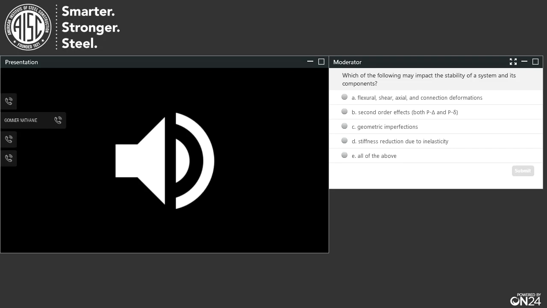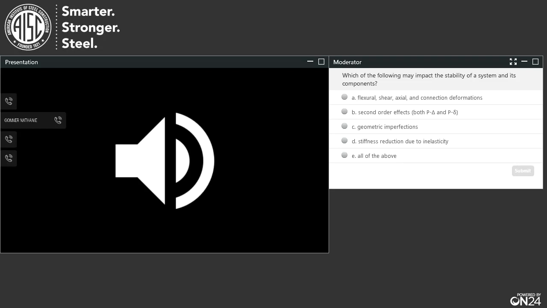Or is it E, all of the above? So go ahead and give that question some thought, and you can participate by selecting the radio button next to the answer that you think is correct on your computer screen. Again, this question is, which of the following may impact the stability of a system and its components?